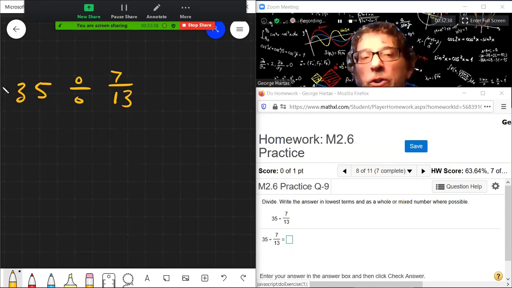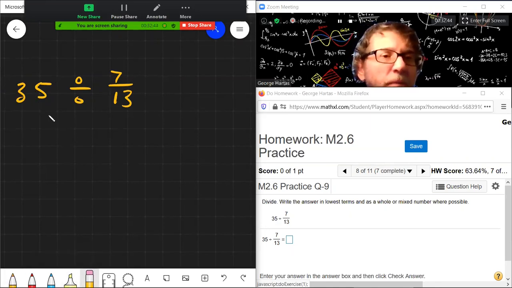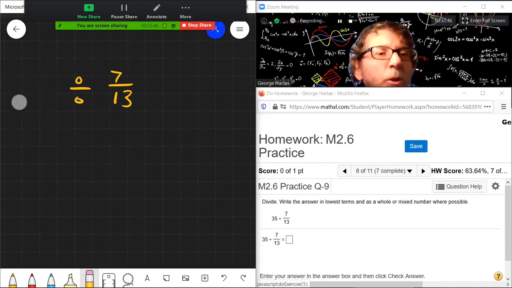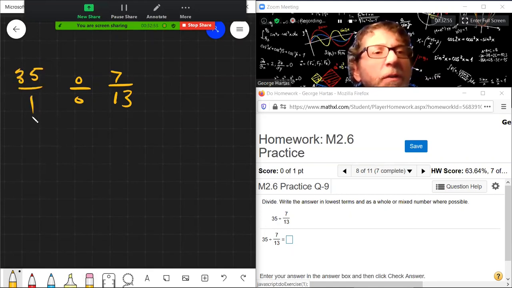So how can we write this number as a fraction without changing its value? Well, let's move it up a little bit so we can put a 1 underneath it. That's how. So let's change the 35 into 35/1.